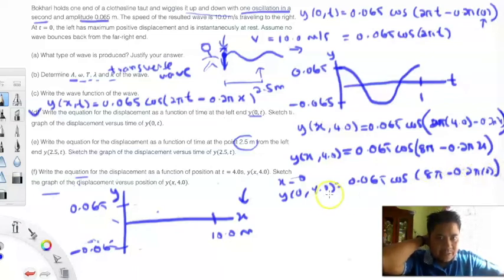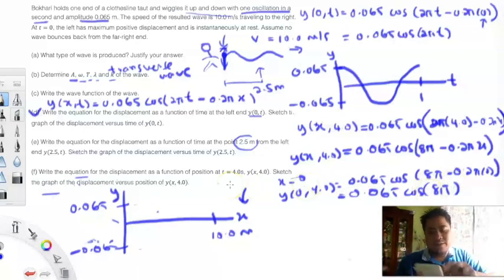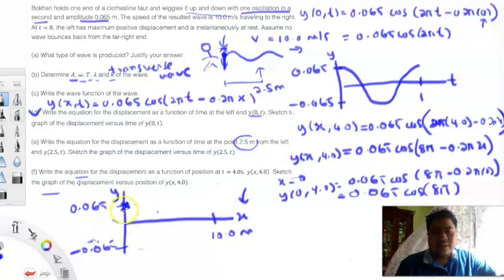So you have 0 here. So it is just simplified to 0.065 cos 8 pi only. So what is the value of cos 8 pi? The value of cos 8 pi is 1. So 1 means here. That means in the next position, it should not go up, it should go down. For one complete oscillation, it would be like this.